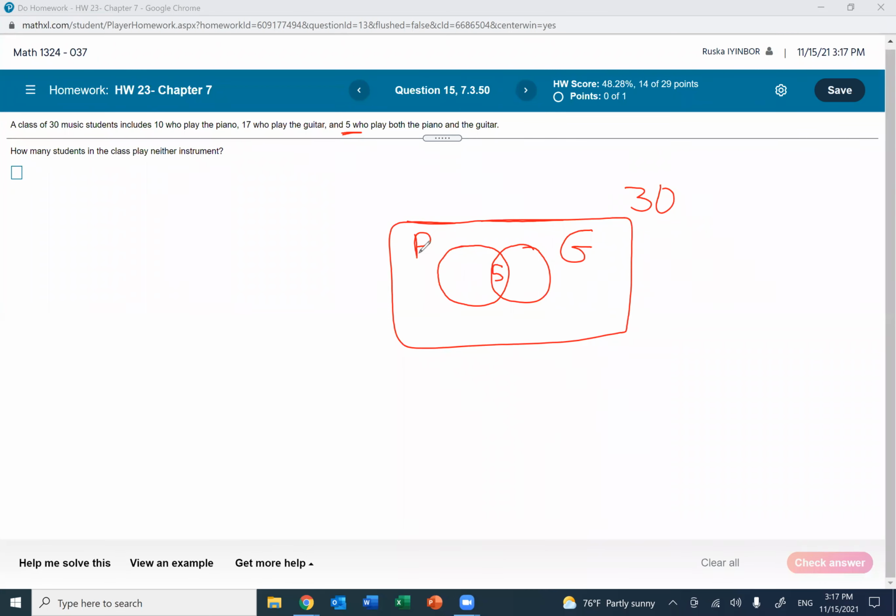Because the piano players are 10, if this is 5, this is also 5, because 5 plus 5 is 10. 5 of them also play guitar, so that's why they're in the common area. And the students who play guitar are 17, so 17 minus 5 is 12 is the number here.